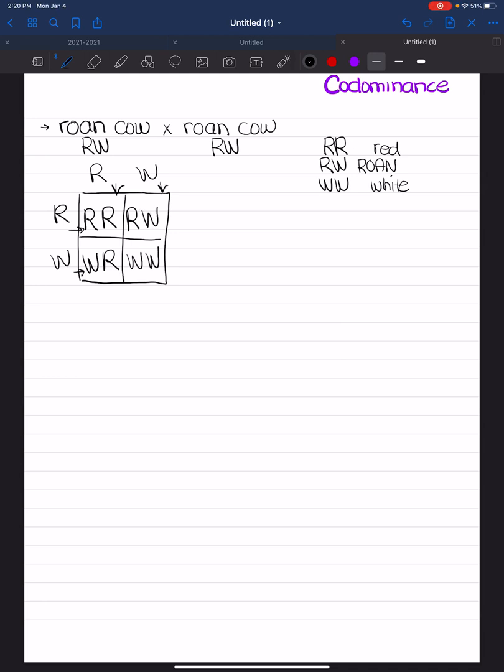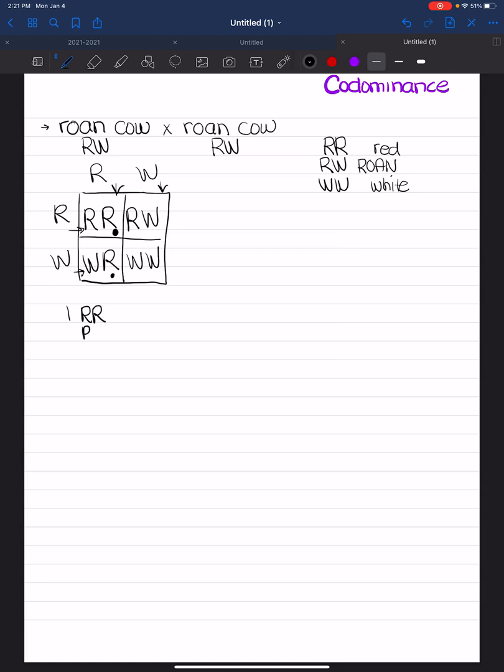Okay, so now we have all the possible combinations of alleles from our two parents. And then our next step, step 3, is to write the possible genotypes. So I'm going to start with this square. And so I have big R, and I look at the other possibilities, and it's my only genotype that has big R. Okay? So then I look, here I have WR, which is the same as RW.